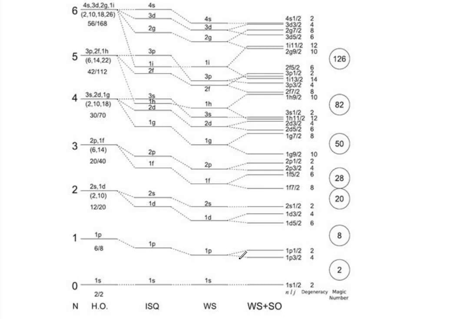These are the magic numbers. And this WS stands for Woods-Saxon potential. You see, only when we include the spin orbit interaction with some modification, so that we can experimentally explain the magic numbers, will we be able to get these exact shell states, and this will reproduce the magic numbers.